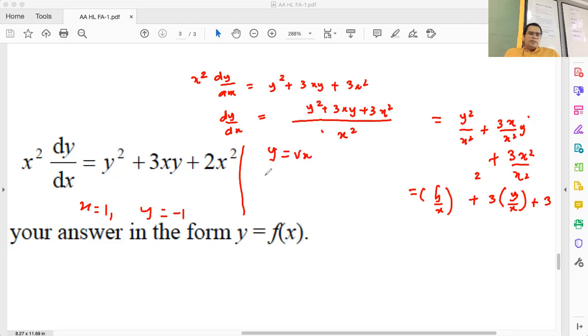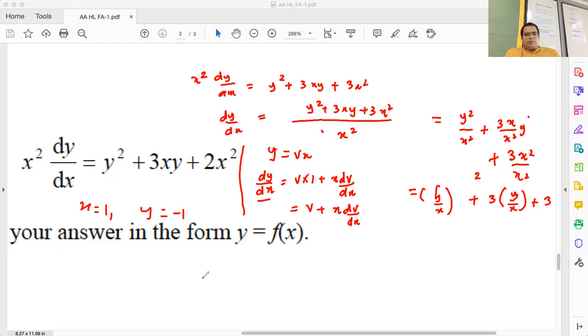Because y is vx, in place of dy/dx, if you apply the product rule, you get v times 1 plus x times dv/dx, which is v plus x dv/dx.